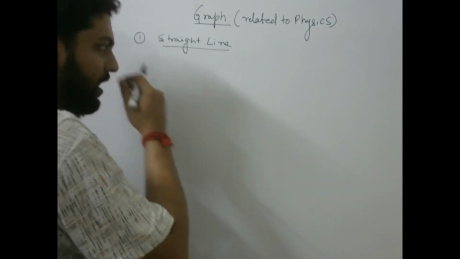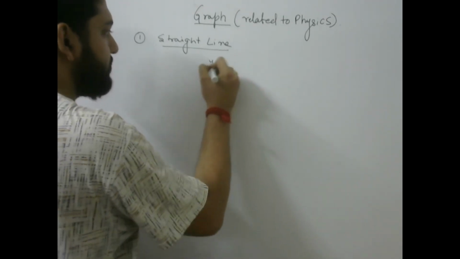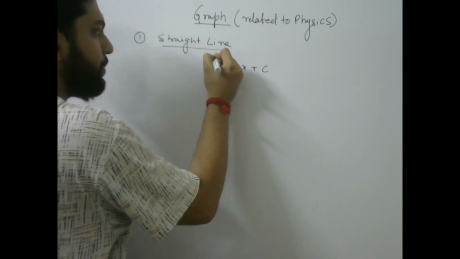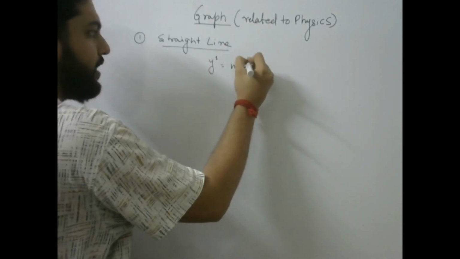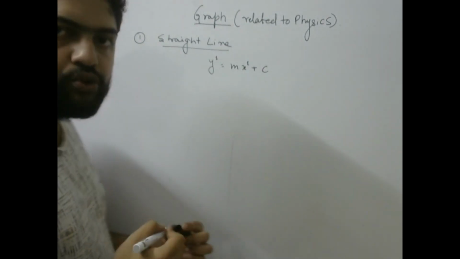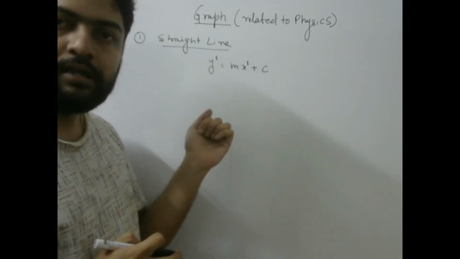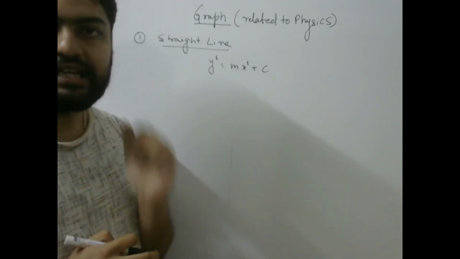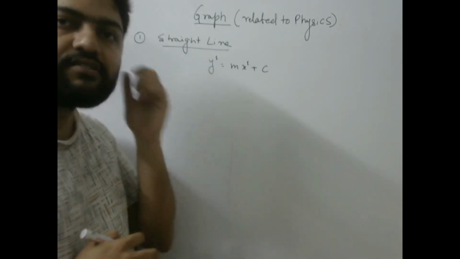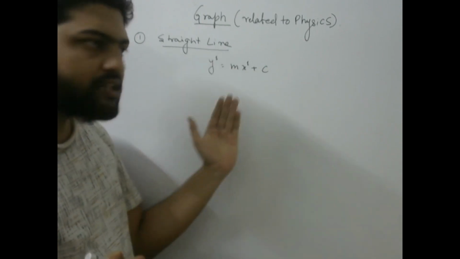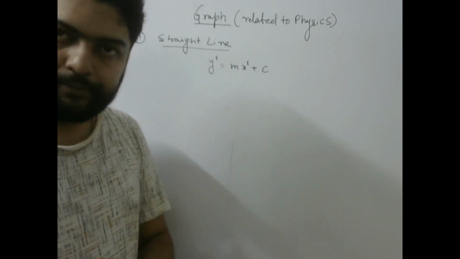Basically, if you have an equation like y = mx + c, and you observe that the power of y is 1 and the power of x is also 1, that means both variables have power 1 while plotting the graph, and that will represent a straight line. It will definitely be a straight line. Now depending upon the values of m and c, the nature of the straight line will change.